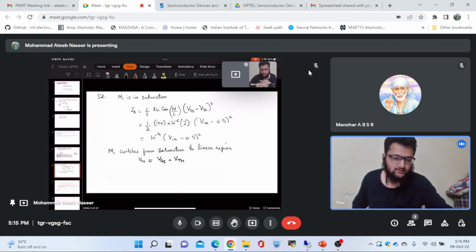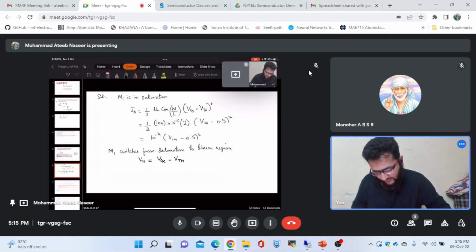Because we know when this voltage VDS is greater than VGS minus VTH, we say that the MOSFET is in saturation region. And when it is less than this particular voltage VGS minus VTH, we say that the MOSFET is in linear region.